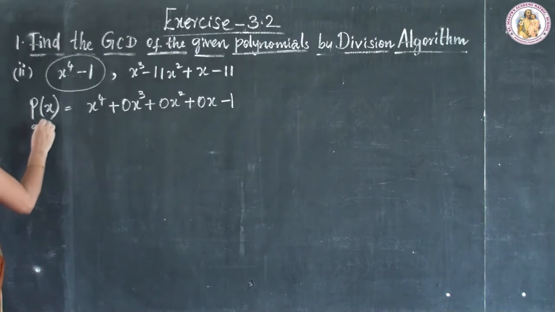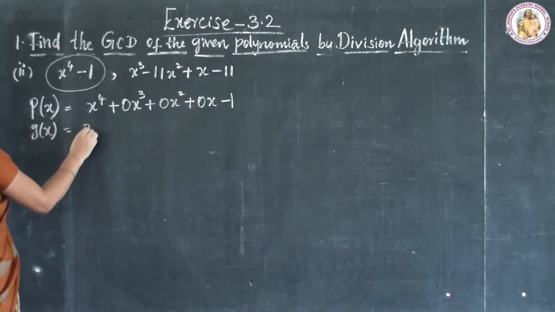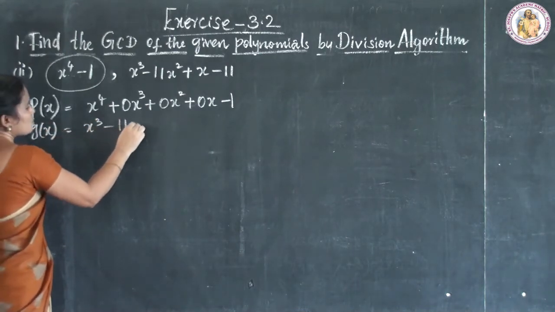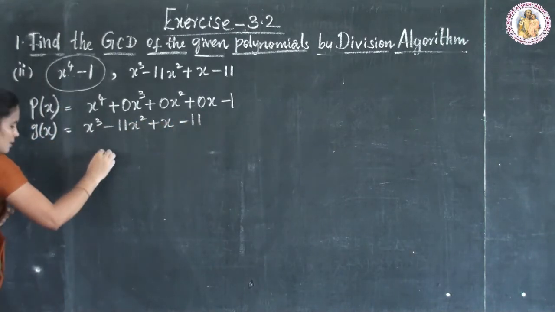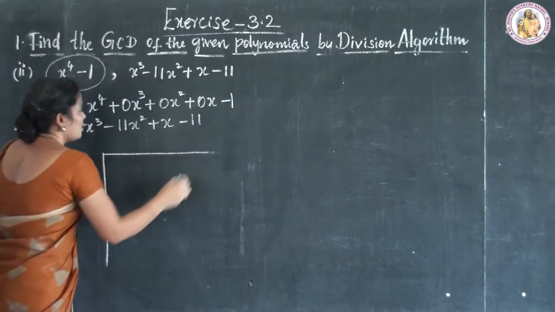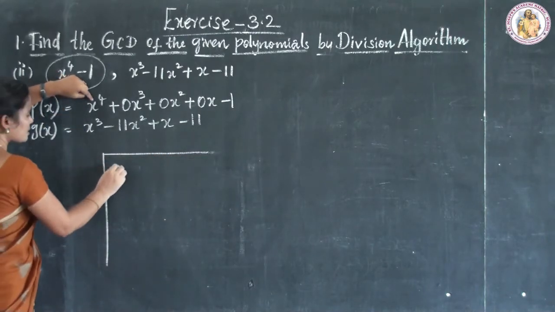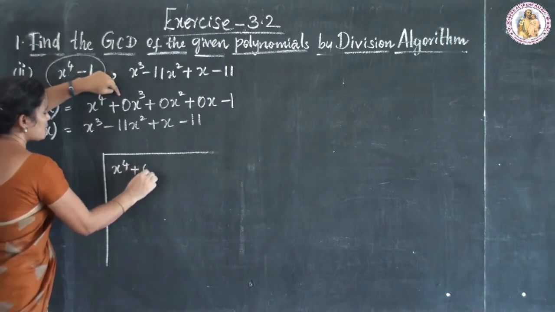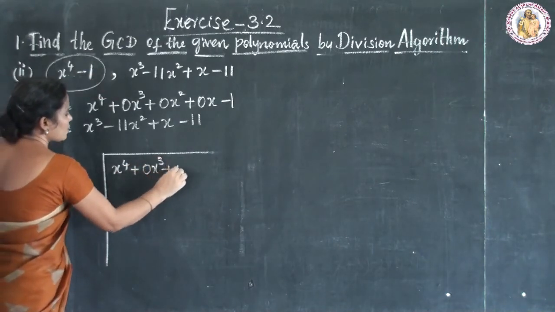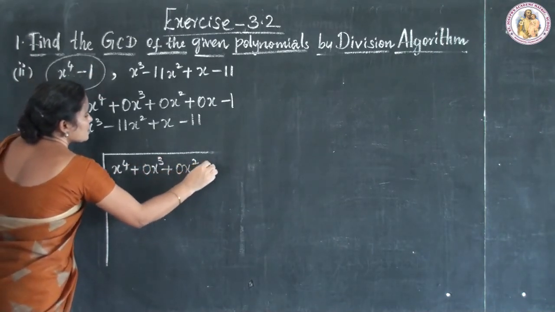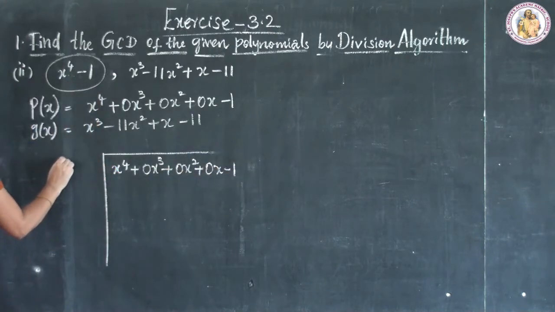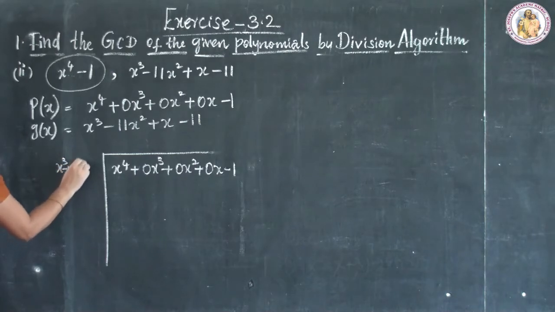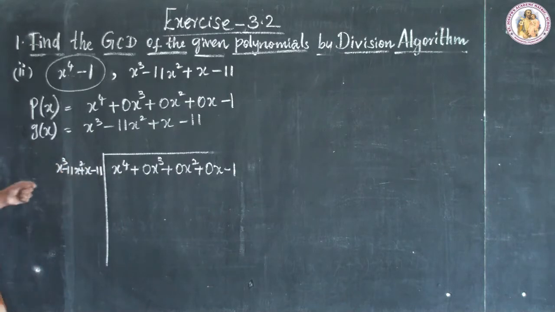Then taking this as g of x, g of x is equal to x cube minus 11x square plus x minus 11. Now write p of x, x to the power of 4 plus 0x cube plus 0x square plus 0x minus 1. So what's the first step?